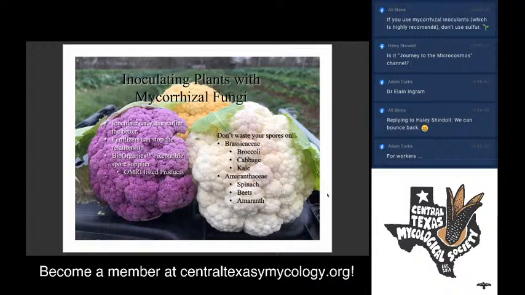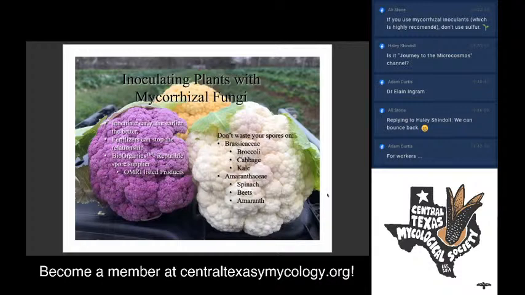So broadly, you don't want to inoculate anything from the Brassicaceae family, which is your broccoli, your cabbage, your kales. Anything that is Brassica oleracea, basically don't waste your precious inoculum that costs you a lot of money.